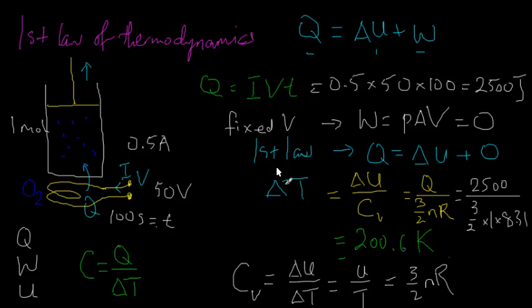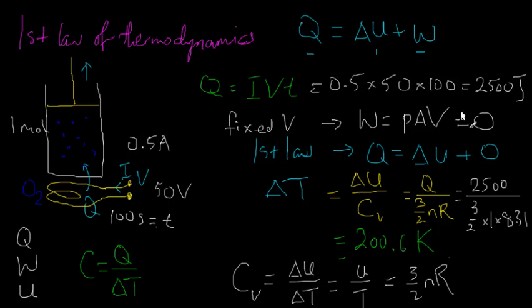So let's see. What I want to do is allow this gas to expand, and I want to increase the temperature by the same amount, by this 200 or so Kelvin. And the problem now is that I want to find the heat that I need to put in to make this happen.